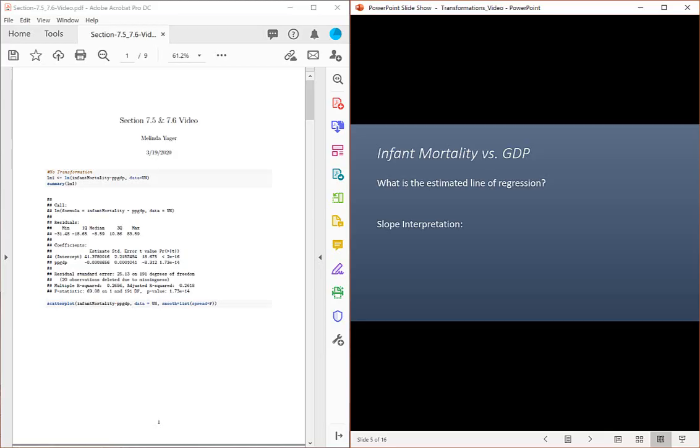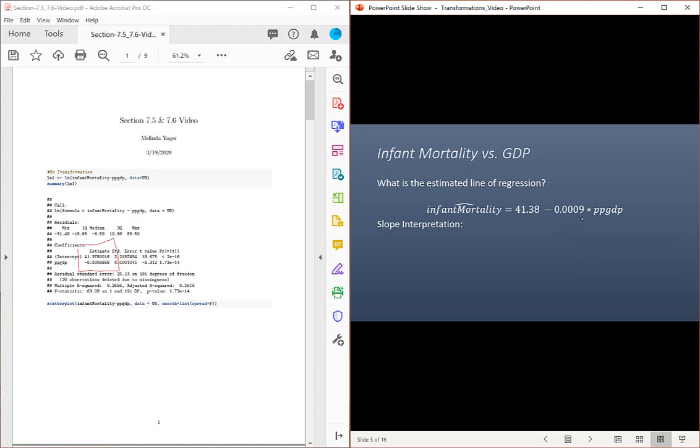Using the R output, we can find the estimated line of regression. So for this dataset, our slope is negative 0.0009, and our y-intercept is 41.378. So our estimated line of regression shows the estimated infant mortality is equal to 41.38 minus 0.0009 times the GDP.